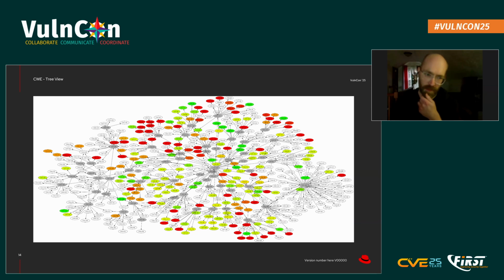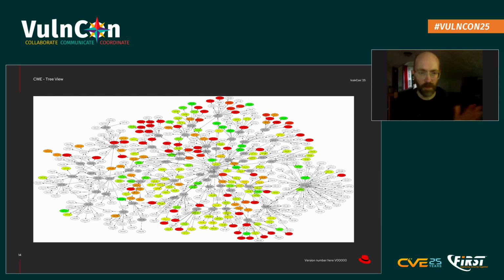And the reason that I put this graph together, the coloring here: gray are CWEs that were not included in our data set. And for the most part, those are CWEs that we shouldn't be assigning because they're, let's see, not variants necessarily, but categories, things like that. CWEs that are labeled in white here are kind of middle impact.